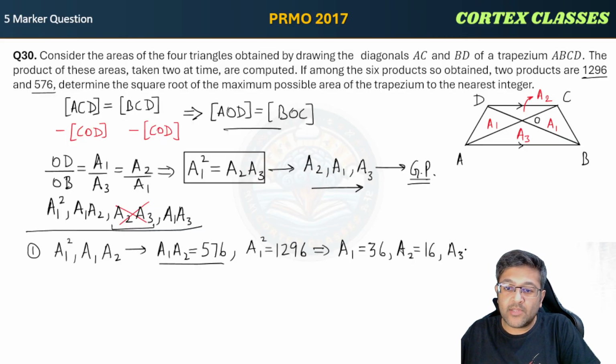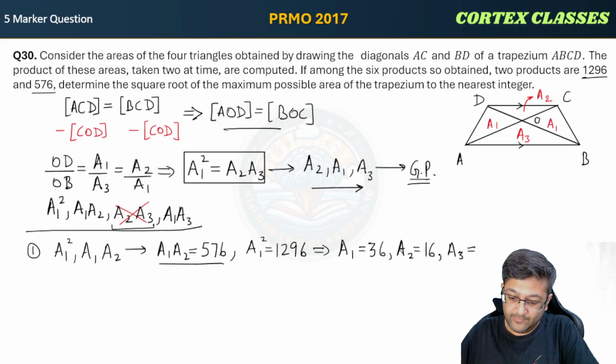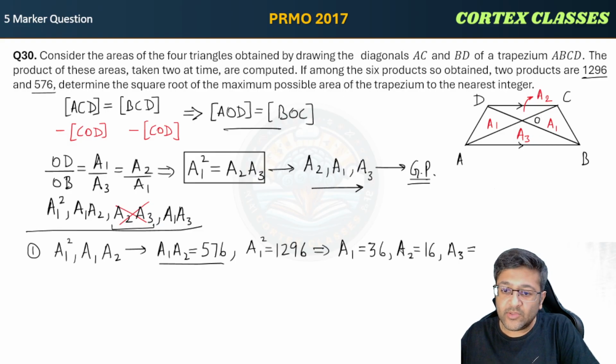You can use A3 equal to A1 square upon A2. So 36 square upon 16. That will give you A3 as 81, right?